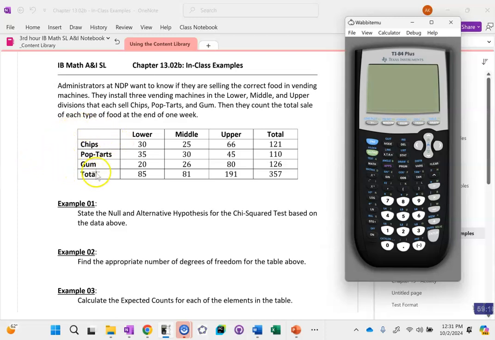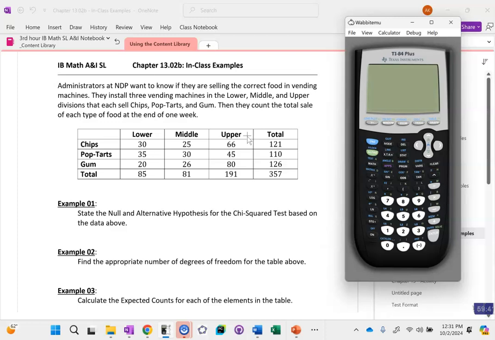So would it be like the food in the vending machine is independent of where it is, the school division or something? Yeah, good. And the alternative would be that they are dependent. Again, you'd state food type and independent or dependent of division.